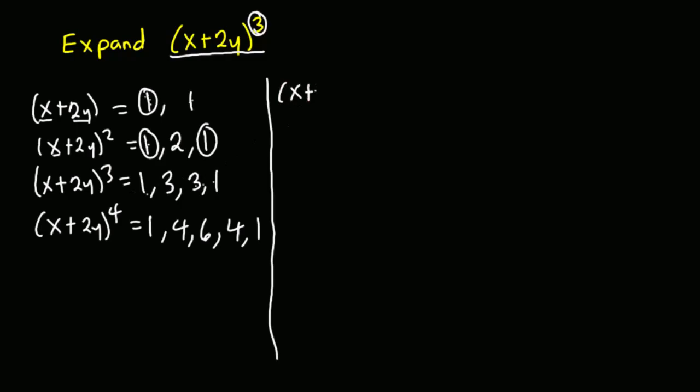So (x + 2y) exponent 3, if you are to expand, this will give us the first term will have a coefficient of 1, and it will have an exponent of 3. So that will be x exponent 3 plus the second term must have a coefficient of 3.